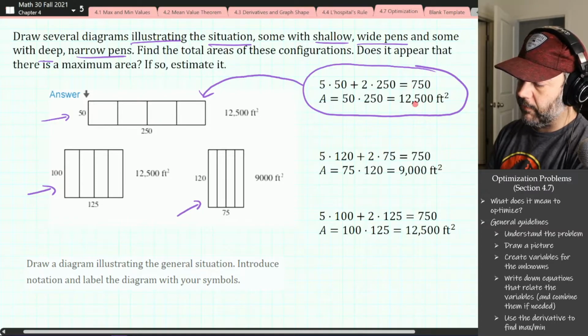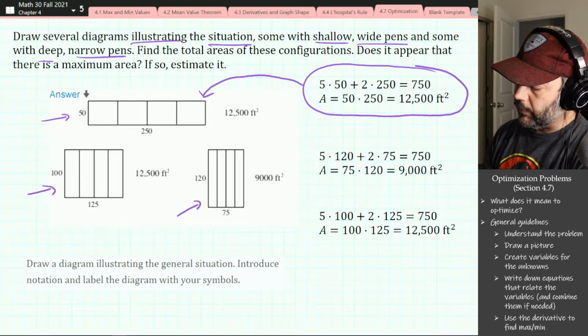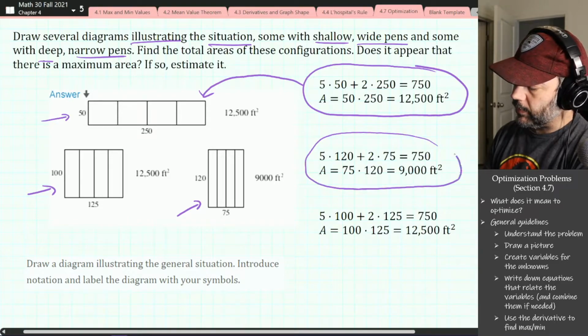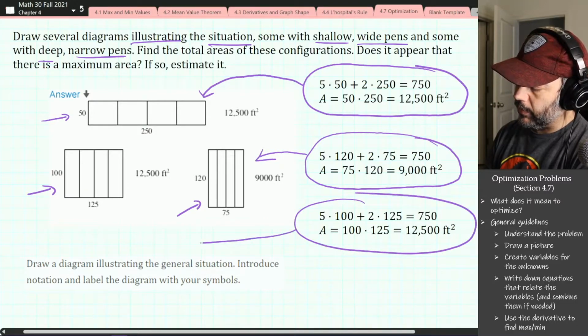In this configuration, the total area is 12,500 square feet. In this configuration, let's see, which one is this? This one is the 120. So this is this guy. And this one is this one.